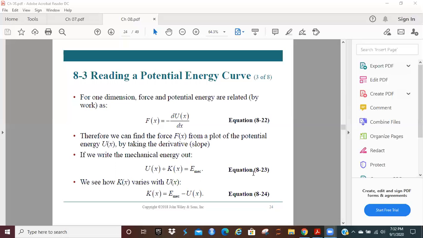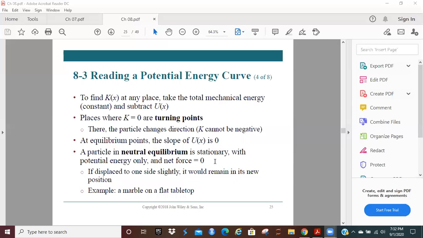So if we write the mechanical energy out, then the mechanical energy is equal to the potential plus the kinetic, both of which are a function of x. We see how the kinetic energy varies with the potential, and in this case, we subtract the potential from both sides.